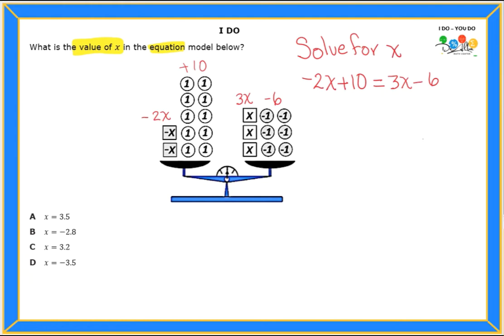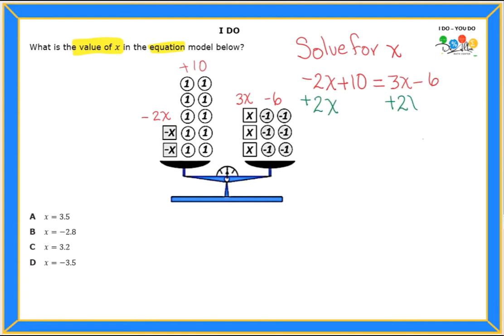Now look at the equation and you will notice that there are x's on both sides, variables on both sides. So I need to make sure that I move them to one side. It's up to you if you want to get rid of the 3x or the negative 2x. What I'm going to do is get rid of the negative, so I'm going to add 2x's on both sides.